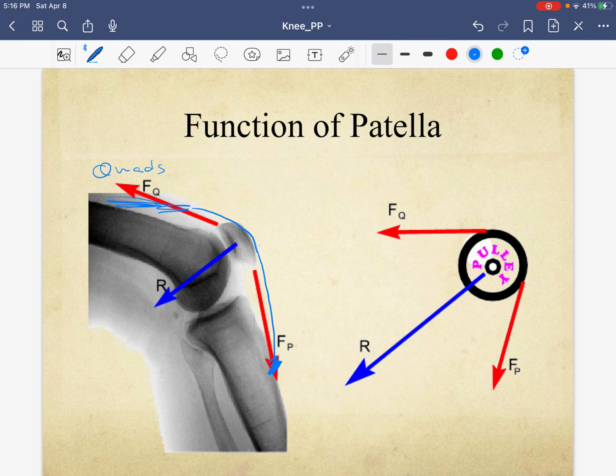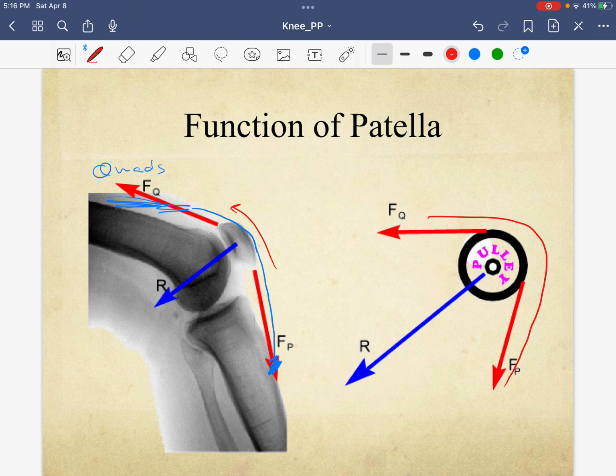So this is what I mean when I say increases the pull of the quadriceps. When the quadriceps contracts, isn't it going to pull up this way? Yes. And as it does that, imagine the patella acting like a pulley. If you had a rope going up around a pulley, you can generate more tension, more force with that system. So it increases the angle of pull.